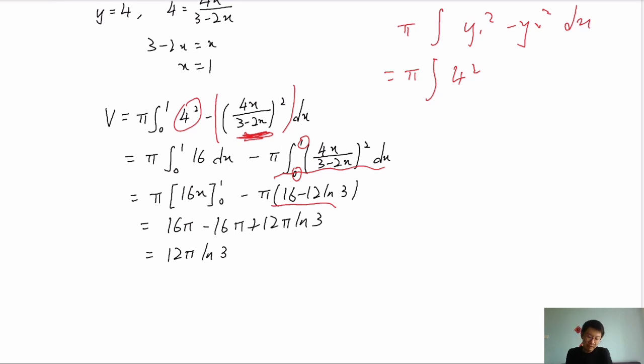And for this one, we have got 16, so we integrate the 16, so we get 16x, and just substitute the 1 and 0 and calculate. Working out the values carefully, we will get this volume, by using the result that we have got earlier on.